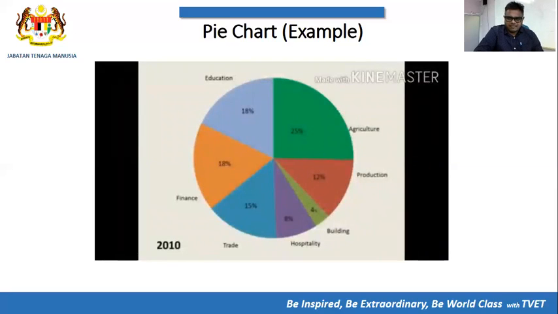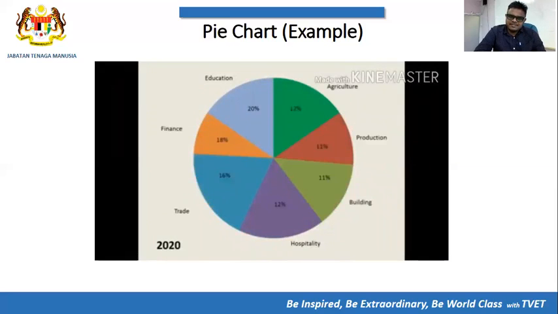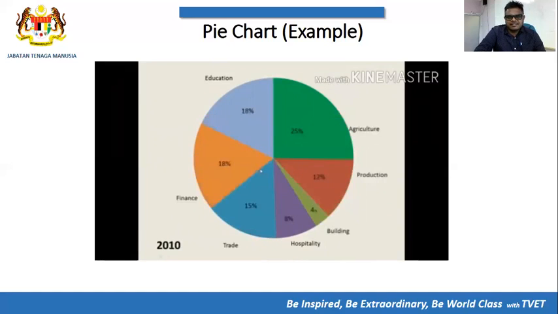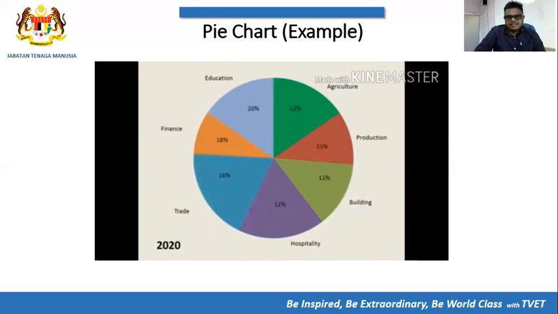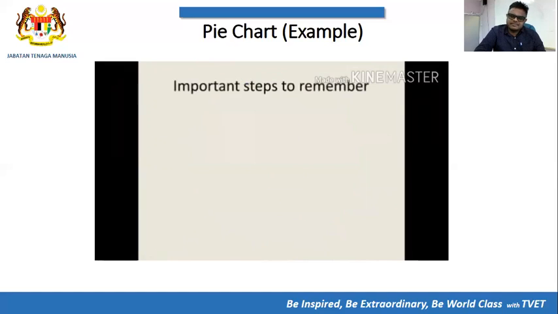Now this pie chart, dear students, we can see in the above video, and this is the pie chart which shows 2020. So these are the different occupations. These are the different sectors, which is showing us the various sectors in the year 2010 to 2020.